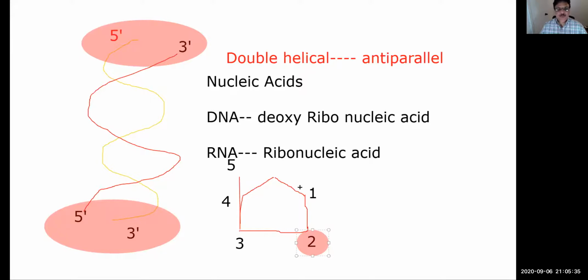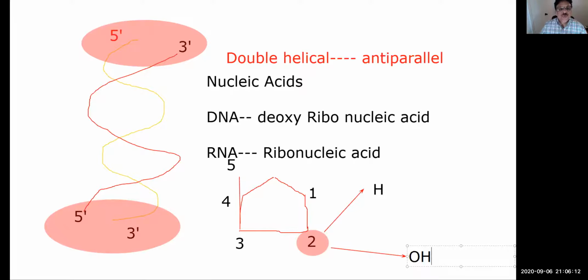This carbon number 2 in DNA is only H. Interestingly, carbon number 2 in RNA is OH. So one of the major differences between DNA and RNA lies in the presence or absence of oxygen on carbon number 2 of the sugar ribose.